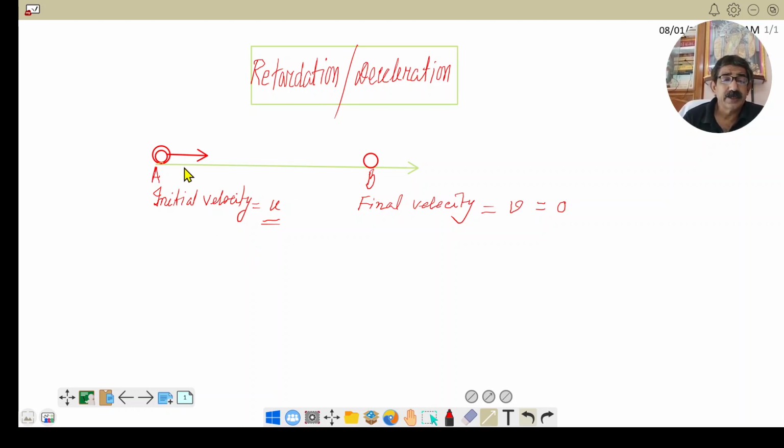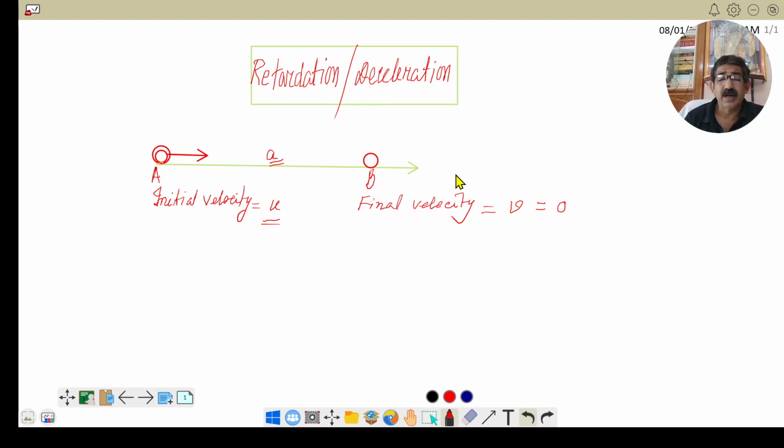We can say this path A to B, this straight linear path, offers a retardation or deceleration. Now we consider the deceleration or retardation offered by this path is equal to A. A is acceleration, it may be deceleration, it may be retardation also.